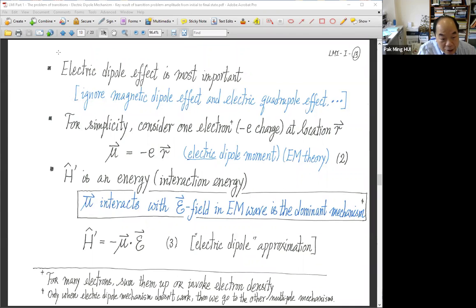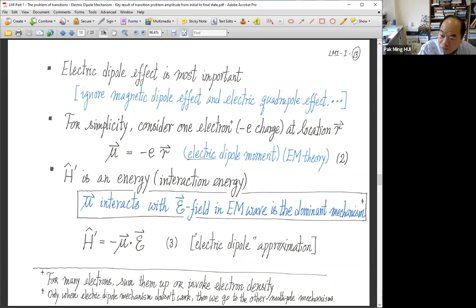This is the electric dipole mechanism. That will be the most important mechanism in light absorption and emission from an atom. It has to do with the electric dipole moment. There's an electron in the atom, actually many electrons, but for simplicity, we imagine we are handling one electron with charge minus e, at some location with a position vector R, where the center is the nucleus.